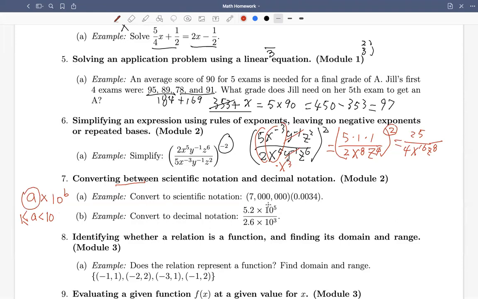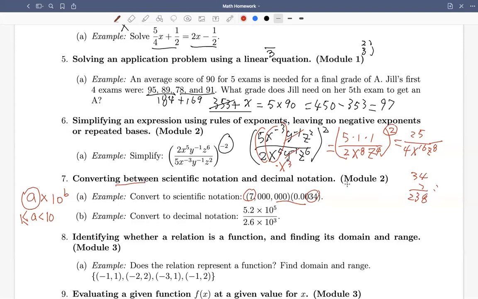Well, let's see this number. We have 7 million multiplied by 0.0034. So first, let's multiply 7 with this 34 first. Let's not care about the decimals yet. So we do 34 times 7. 4 times 7, 28. Carry on to 3 times 7, 21, plus 2 carried, 238.